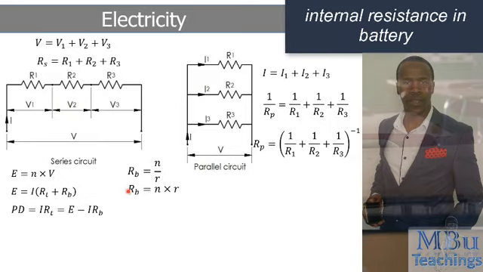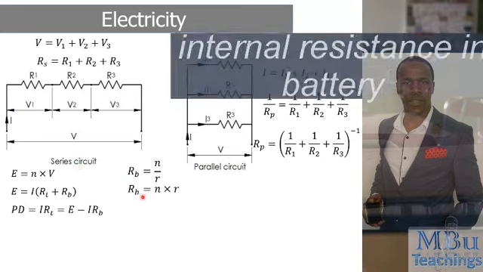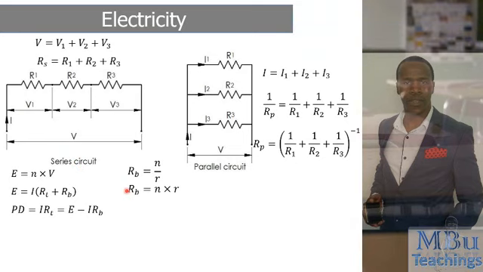If the cells themselves are connected in series, then your total internal resistance of the battery will equal the number of cells times their internal resistance for each cell. So that's how you get that RB. So RB, in other words, is the total internal resistance of the battery. Small letter r is the internal resistance of each cell. Then N is the number of cells that are there.